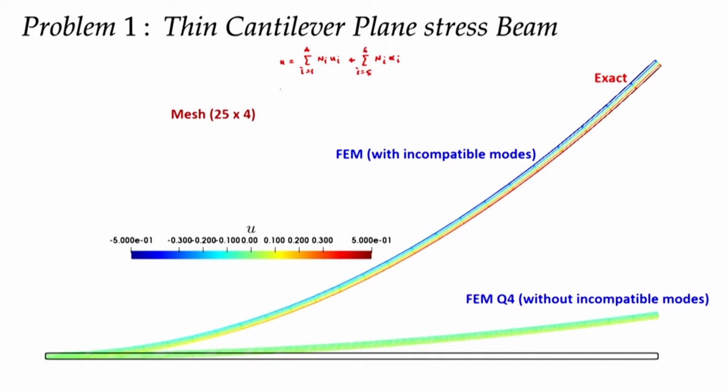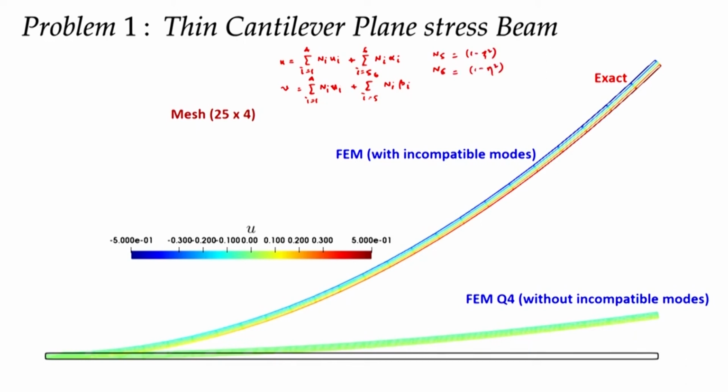Similarly, V is the summation of Ni Vi, I equals 1 to 4, and then the summation of Ni beta I, I equals 5 to 6. So, these alpha and beta are 4 constants, and N5 and N6 are 2 incompatible modes. N5 is 1 minus xi square and N6 is 1 minus eta square.